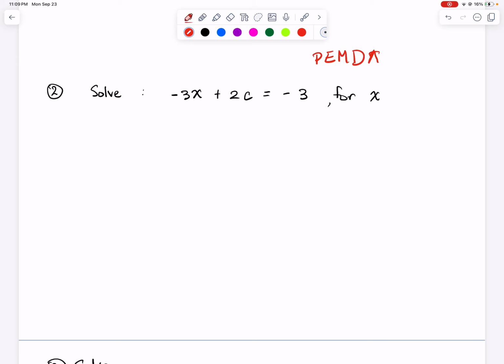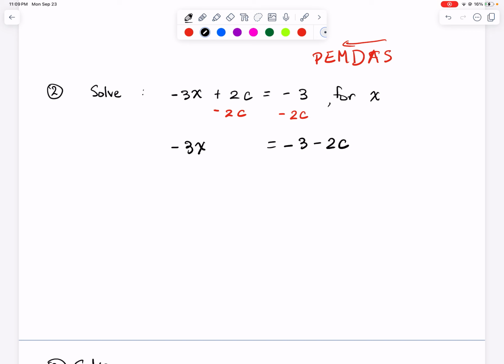So we're going in the opposite order of PEMDAS. So here we are going to take that 2c away from that side so that we can get x closer to being alone. Whatever you do to one side, you do to the other side. And so you get negative 3x is equal to negative 3 minus 2c.